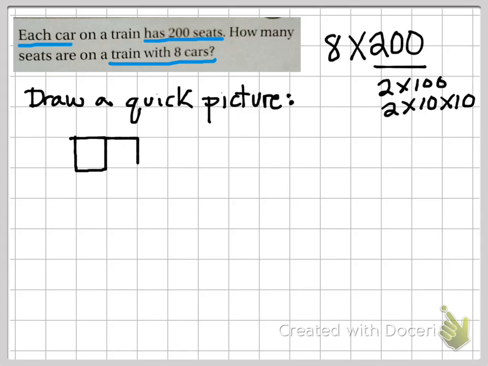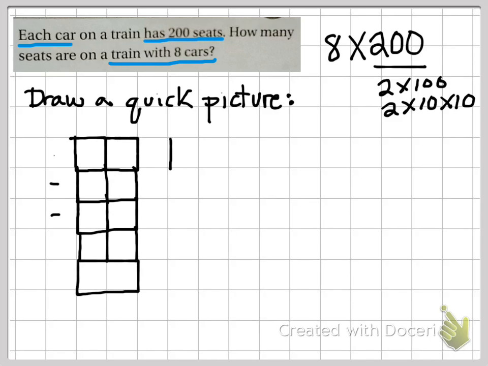So if I were to draw 8 groups of 200, there's 1 group, 2 groups, 3 groups, 4 groups. I'll put a little space in between. 5 groups, 6 groups of 200, 7 groups of 200, 8 groups of 200. All right, well, this comes in handy over here.